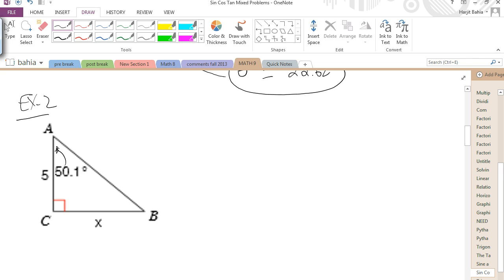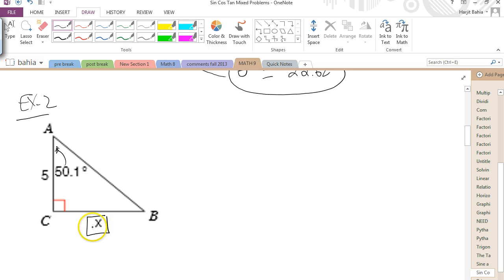Now, again, if we were asked to label everything that we know about this, we could actually figure what this missing angle is using the angles in 180 thing. 50 plus 90 is 140.1. And then 140.1 minus 180 would give us 39.9. So we would know that's 39.9. But we're not asked to find that. This is asking us to find x. So how do we do that?